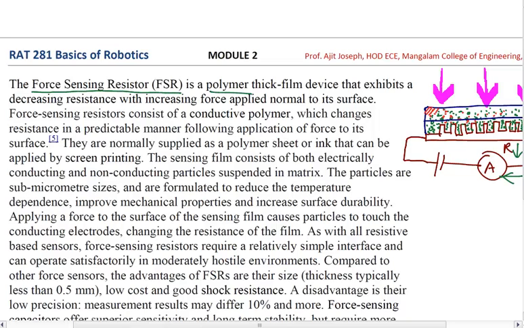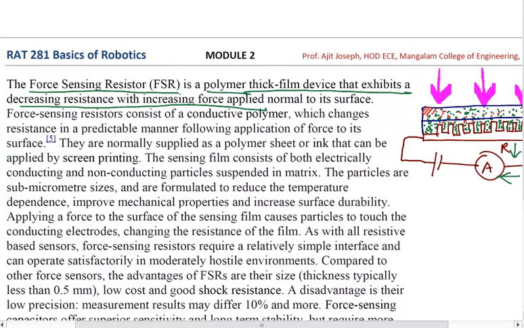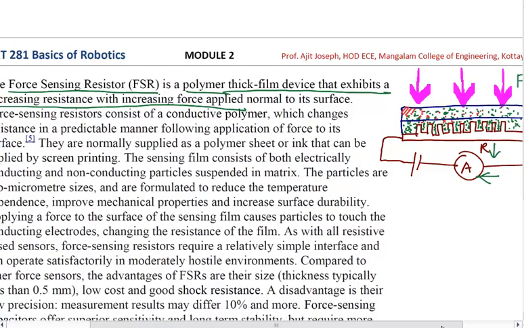It's a polymer, a thick film device that exhibits a decreasing resistance with increasing applied force.